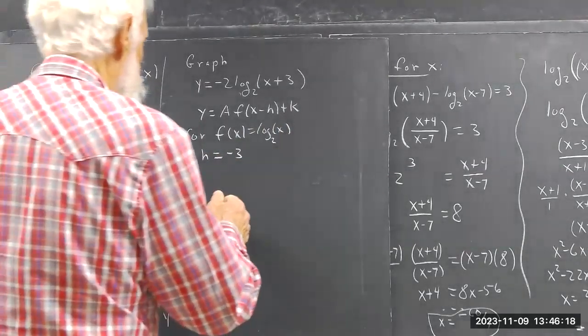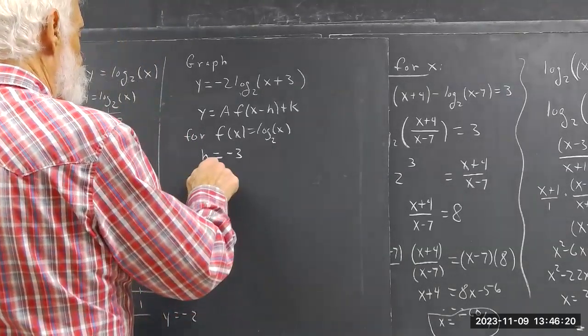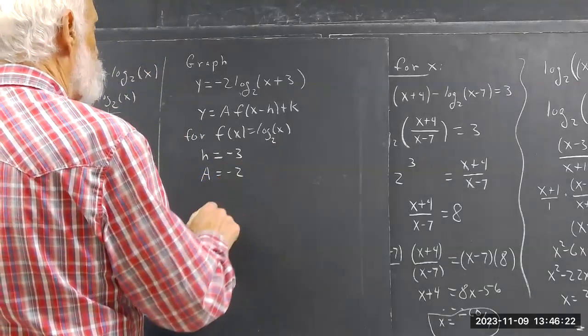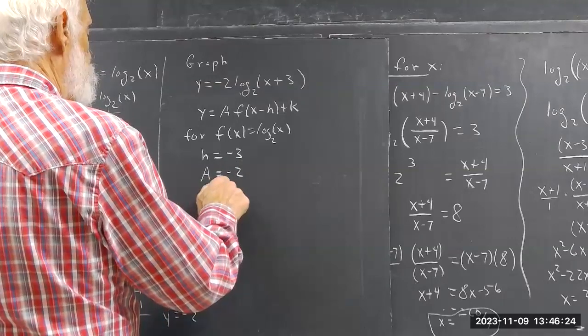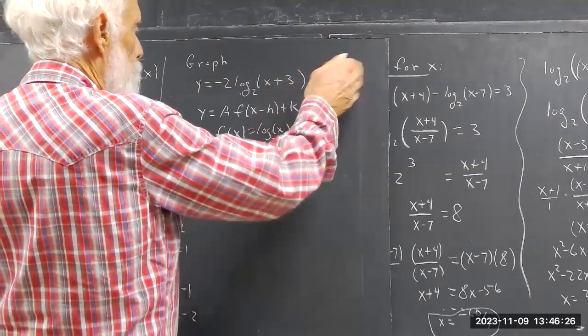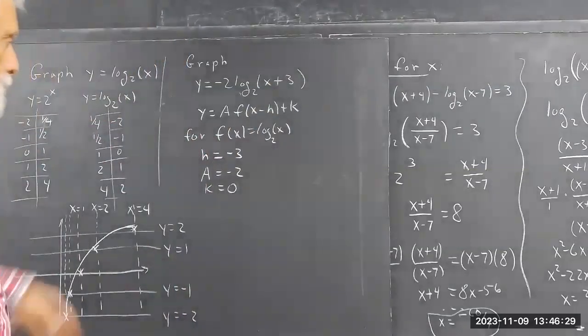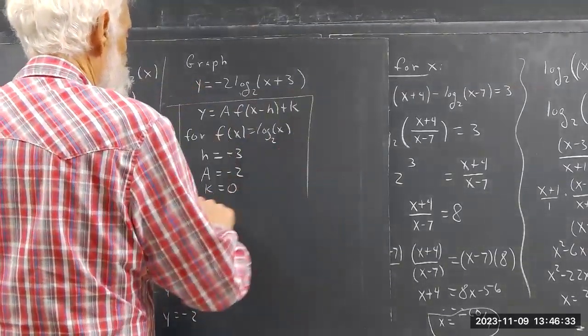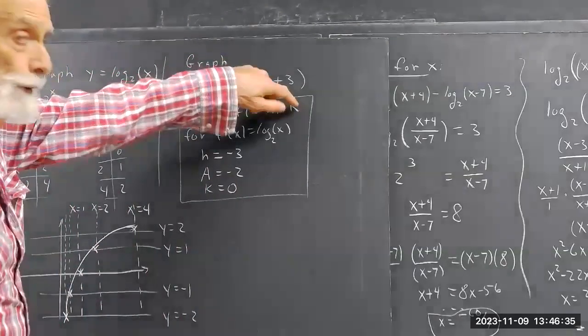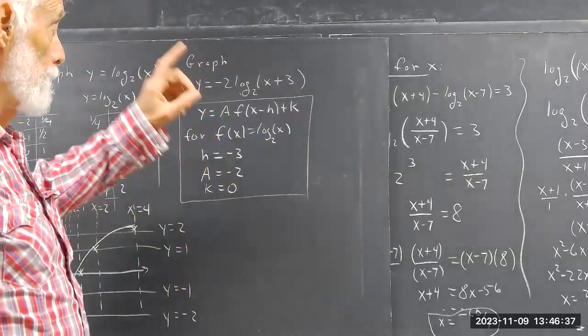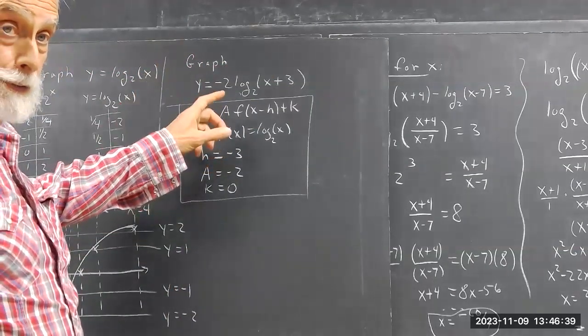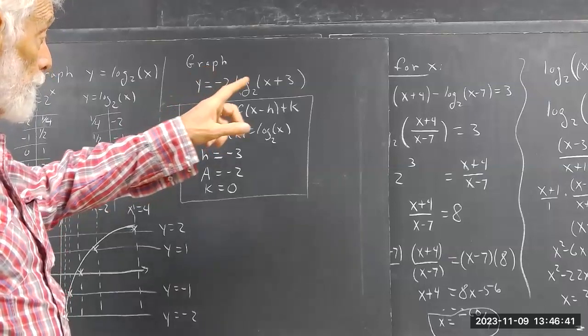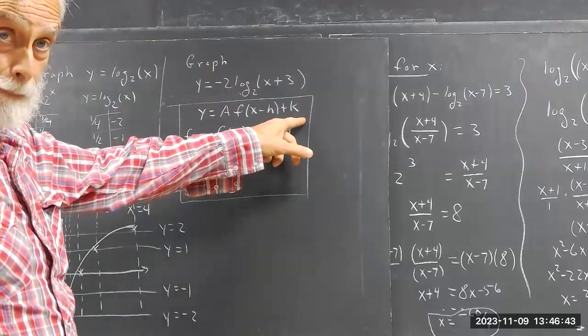That h is going to give us a shift. A equals -2. And there's no k here. K equals 0. So make sure you understand this, because universally this is what gives you your reflections about the x-axis and vertical stretches and horizontal and vertical shifts.